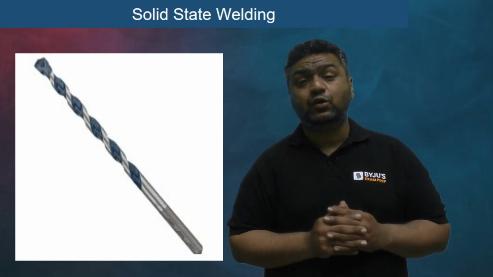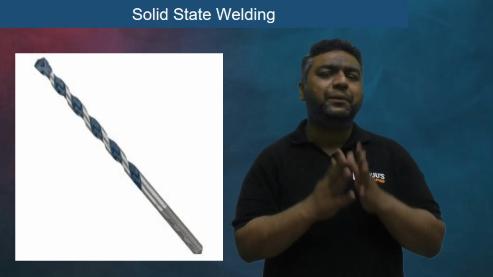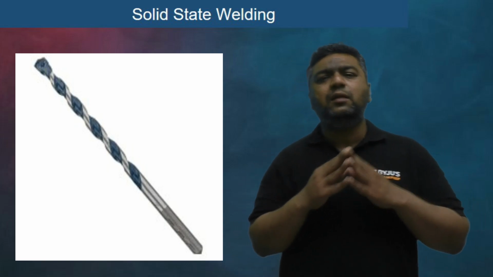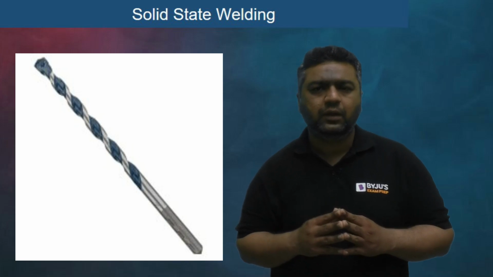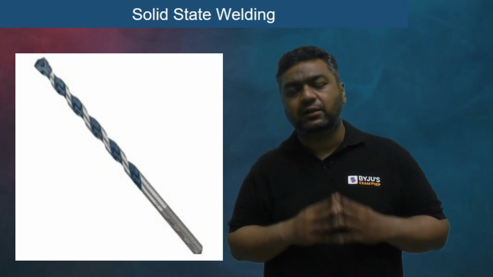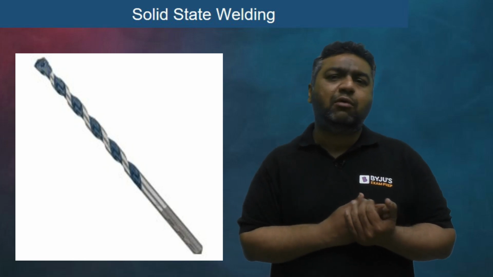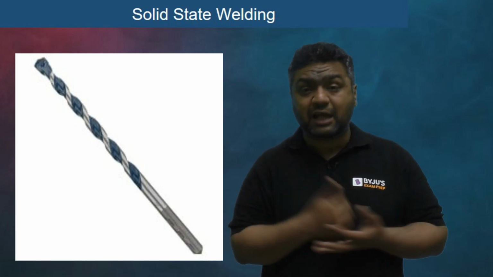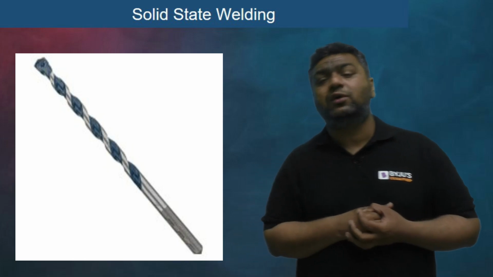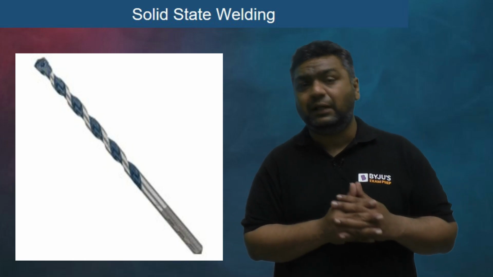So guys, when we are talking about the friction welding process, an application is, if you see the drill bit and the shank, they are joined with the same process. This is a very important question in GATE, it has been asked many times. Drill bit and shank are made up of different materials.